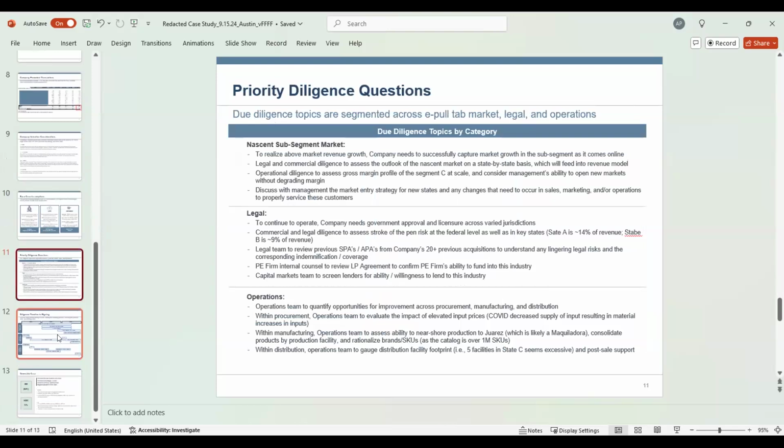Priority diligence questions. The top one, a lot of the growth here is predicated on the company moving into this nascent subsegment. So I talked a little bit about what I'd want to ask the management team or the sell side bankers about that. Legal, this business is in an industry that some firms may not be willing to invest in, some lenders might not be willing to lend to, and some LP agreements might preclude investments from.